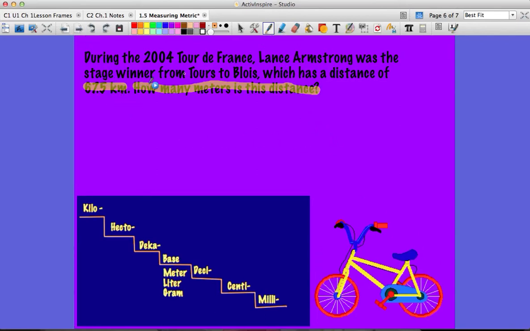All right, so it's important to note that they went 67 5/10 kilometers, and it's important to know what the question is. The question in this case was, how many meters is this? So I know that I'm going from 67 5/10 kilometers, and I'm ending at meters.